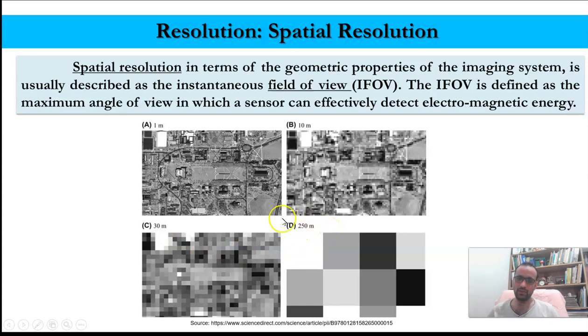So you can see how much information is covered by the different satellite images. 1 meter is definitely more qualitative data because pixel size is smaller. It means more information. That's how spatial resolution works.